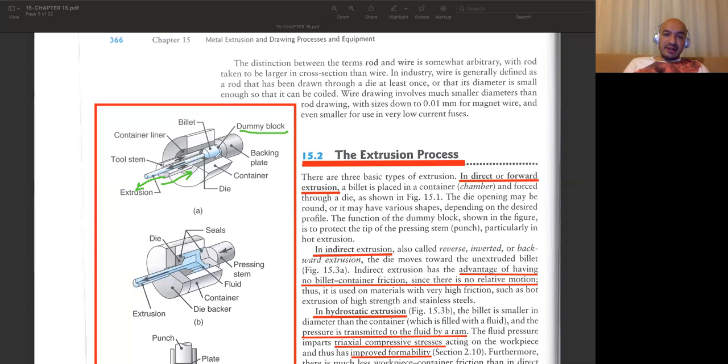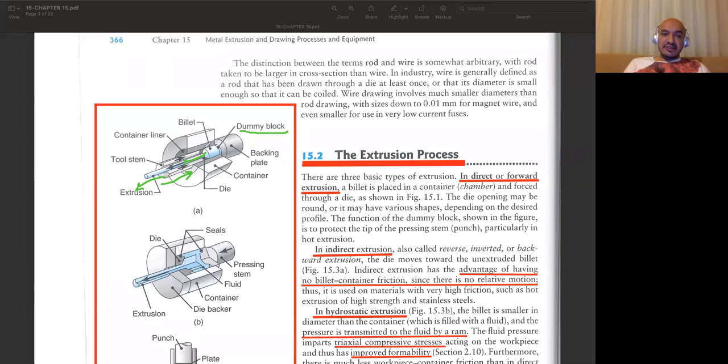And if you look here, what we are doing this time, our ram or tool is on the other side, and we are pushing our tool into this chamber. Since the volume in this region is decreased, our material will be flowing into this opening and going out from the inside of this tool. And that's why we have less friction.